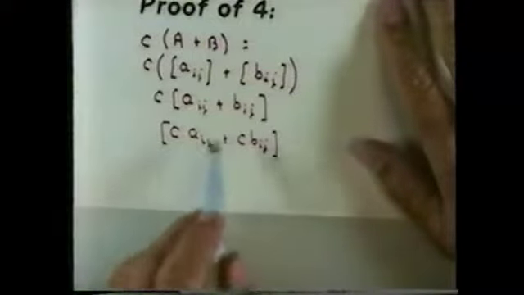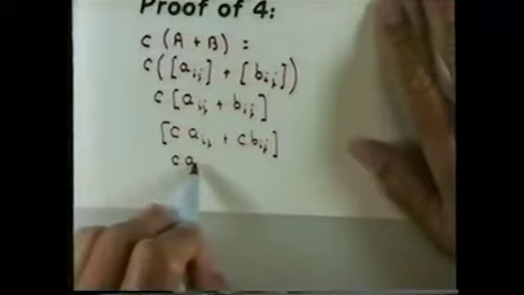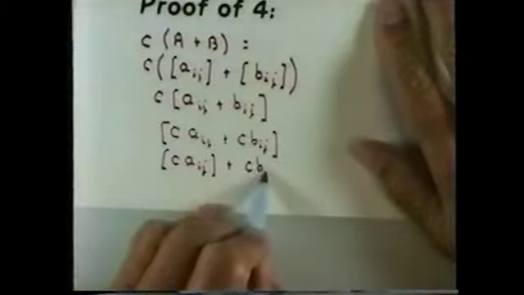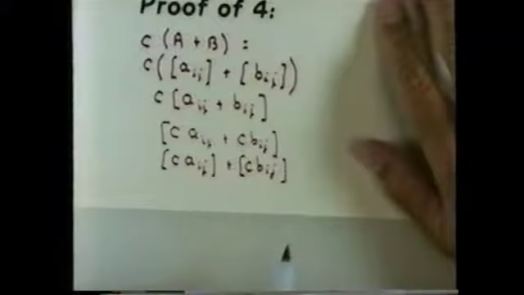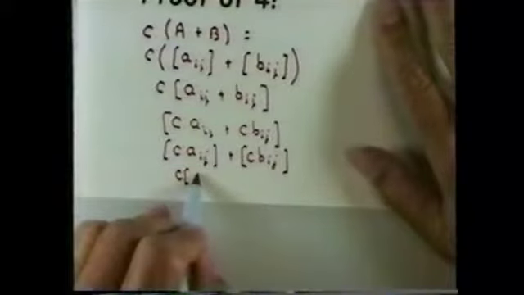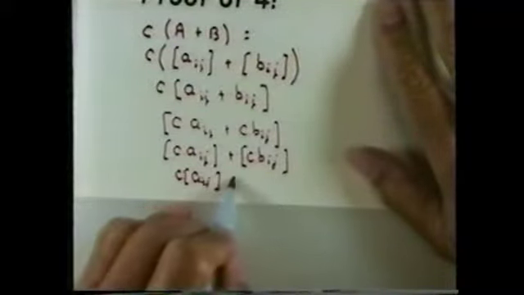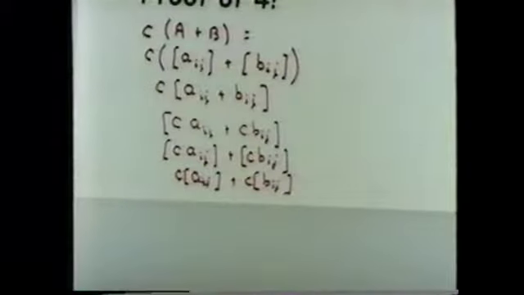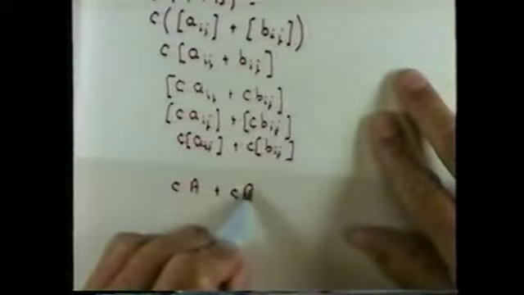Well, since to add matrices you add components, I can break it up and get C Aij plus C Bij, which is the same as C times Aij plus C times Bij, which, as you recognize, is simply CA plus CB.